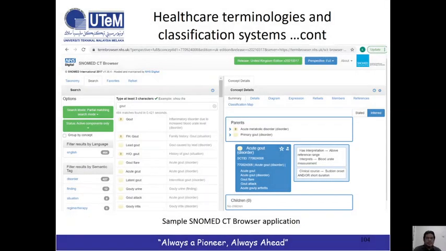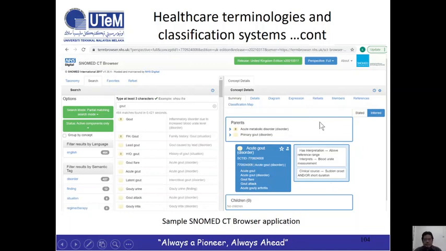So this is the healthcare terminology SNOMED CT browser. You can go to this website and try. When you search here for gout, all types of gout are displayed. This is the same as CTV3. When you type gout, all the relevant terms will be displayed, and they explain. So SNOMED CT is quite comprehensive.